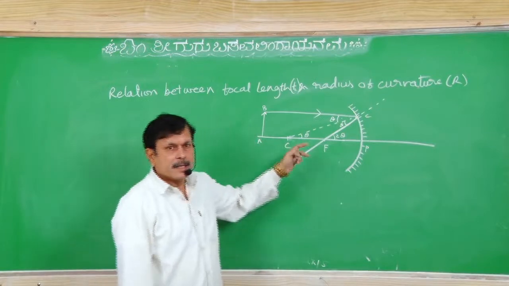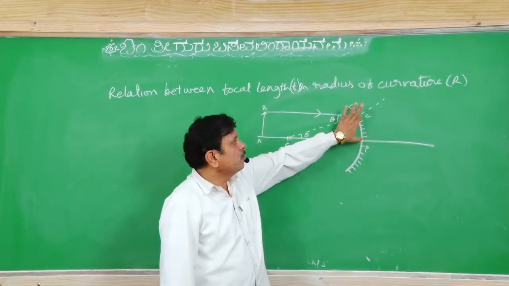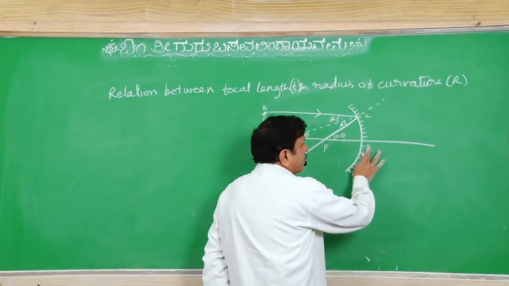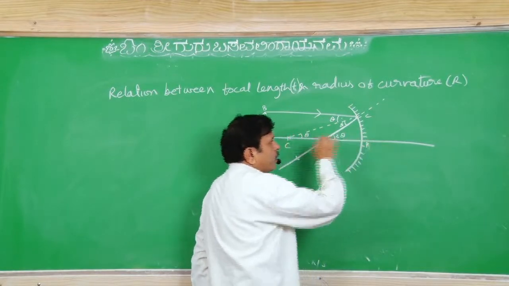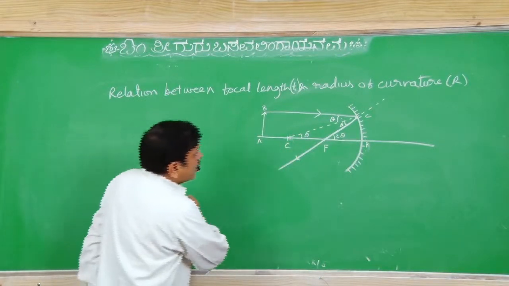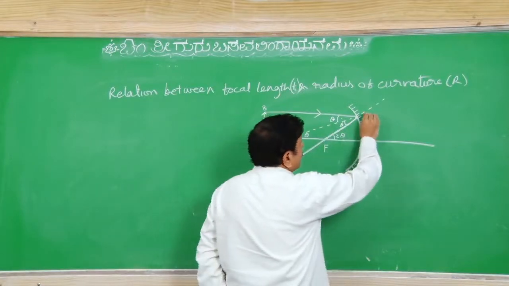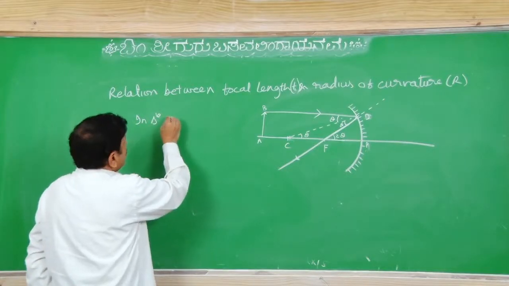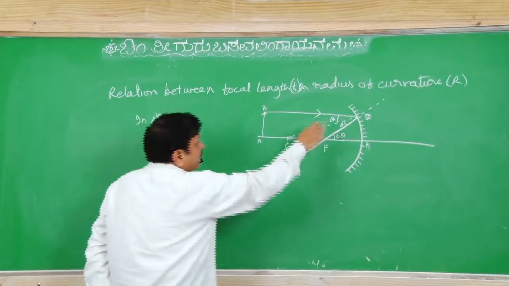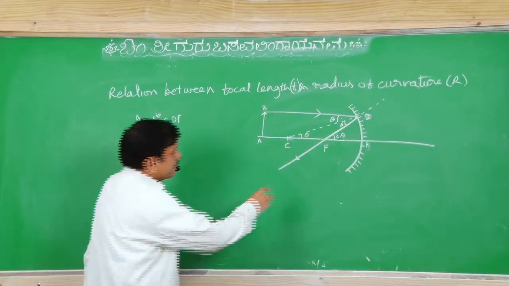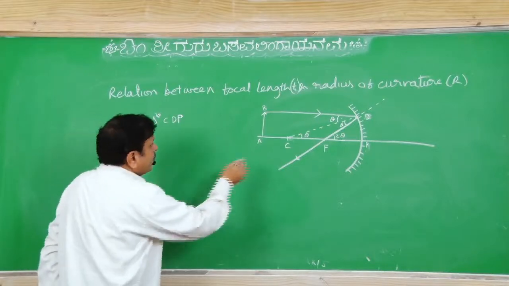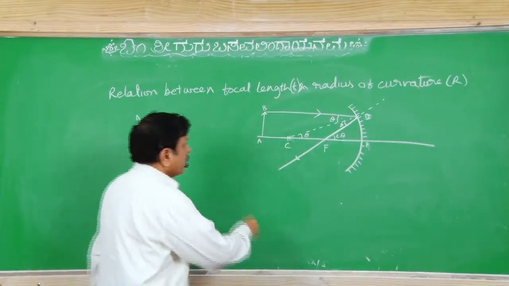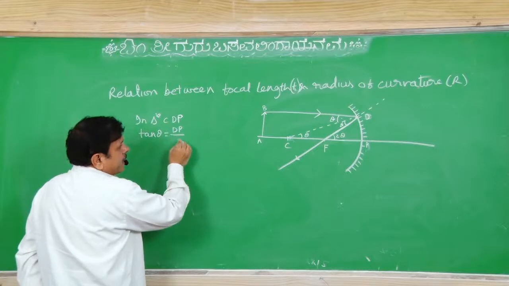Now what you will find is that for paraxial rays, suppose we take a bigger mirror, then the line PEC will be perpendicular here. We'll take this point as D, say. In triangle CDP, tan theta will be opposite side by base, so that is DP divided by CP.